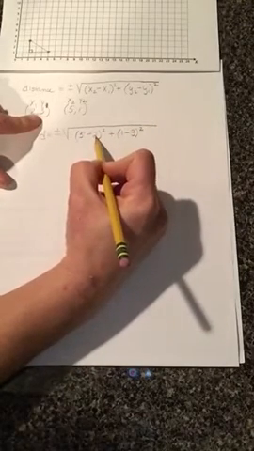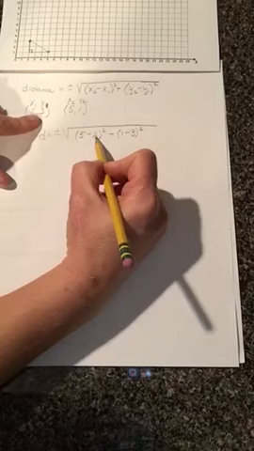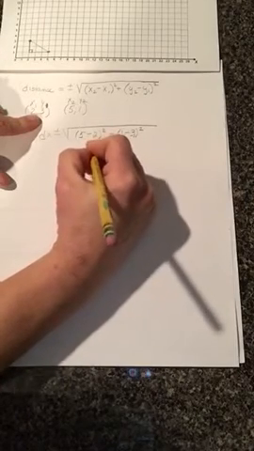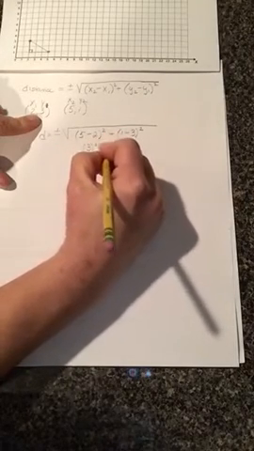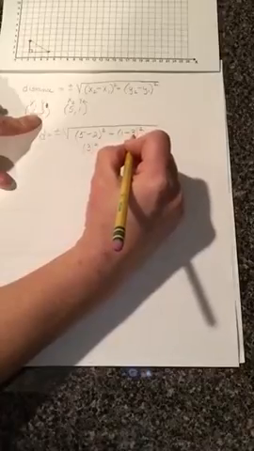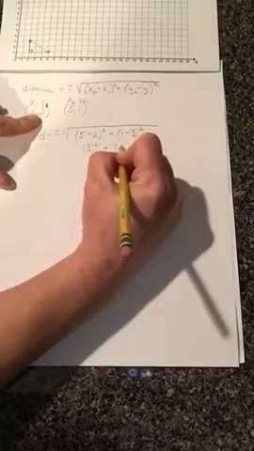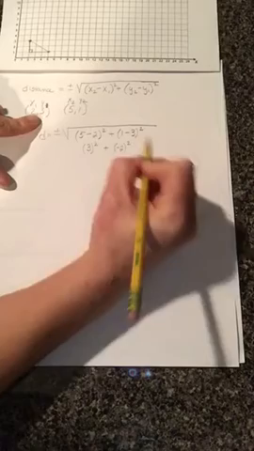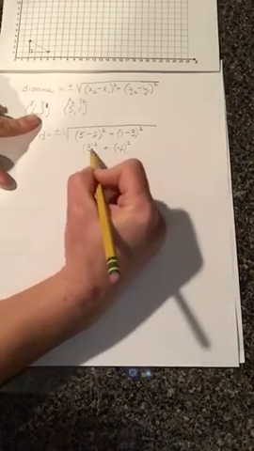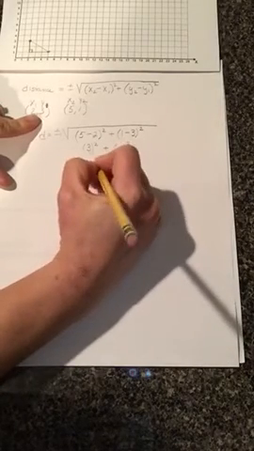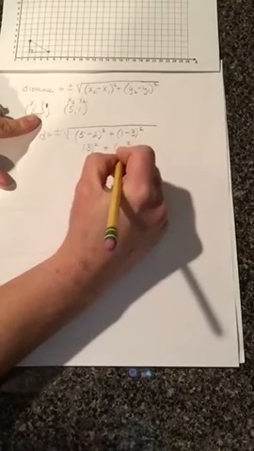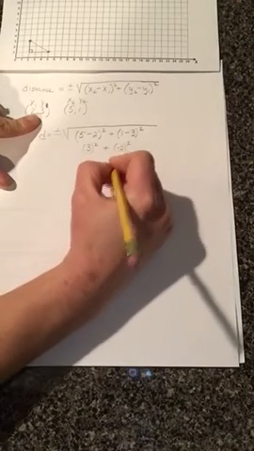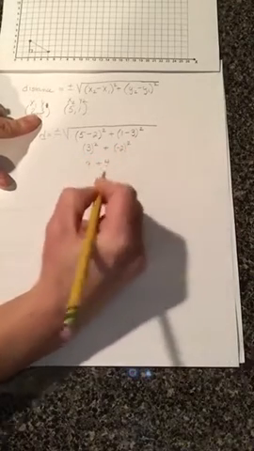So 5 minus 2, you're going to end up with 3, and that is squared, plus 1 minus 3 is negative 2, and that's also squared. So if we square 3, we end up with 9 plus, and negative 2 times negative 2 is positive 4.